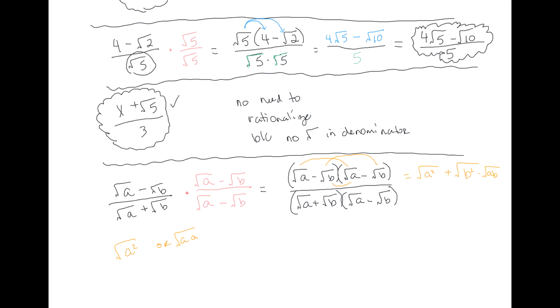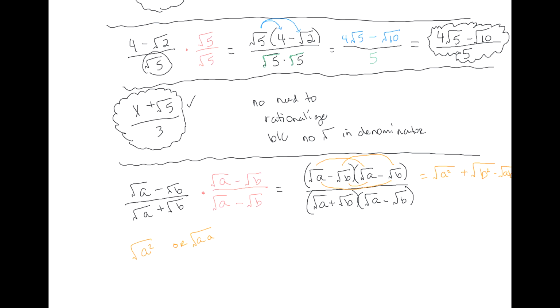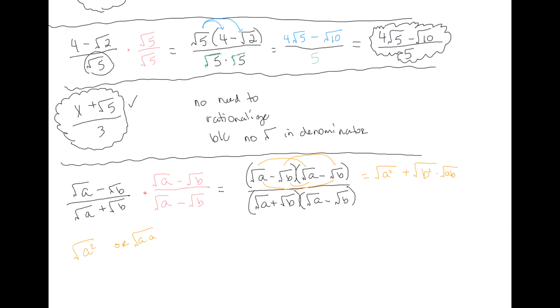And minus square root of B times the square root of A is minus the square root of AB.